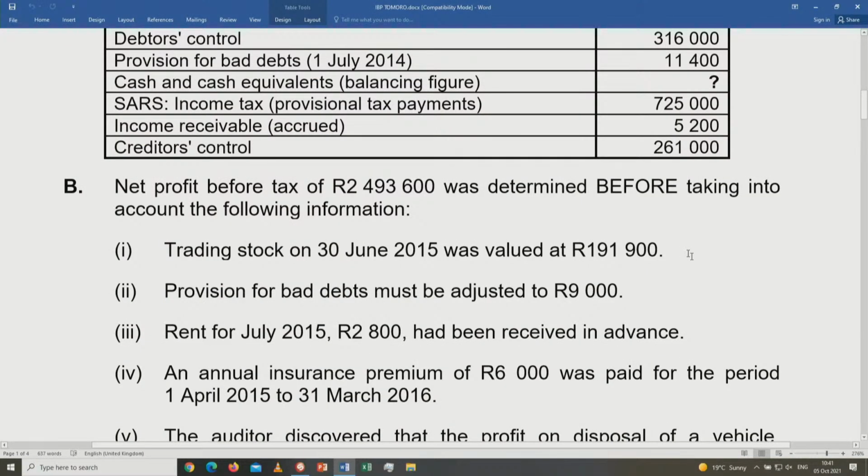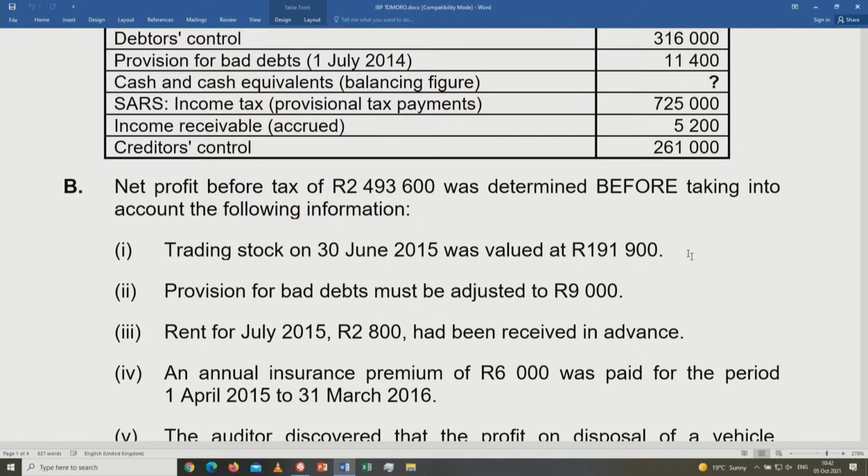Number 3 says here, rent for July 2015, 2,800 had been received in advance. Remember, in the face of our income statement, any income that we have received in advance, we subtract. Any income that we still have to receive, we call it accrued income, we add.